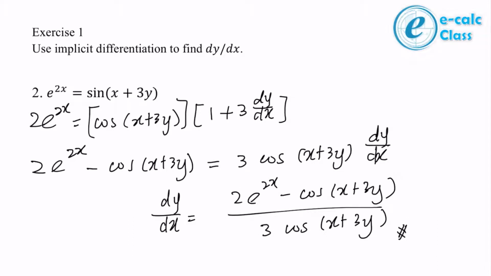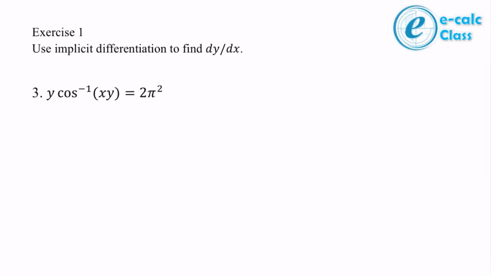Okay, next one. We have a product rule inside, product rule outside, and we have a cos inverse. Do you remember what is the derivative for arc cos? Never mind, just do it. Product rule.